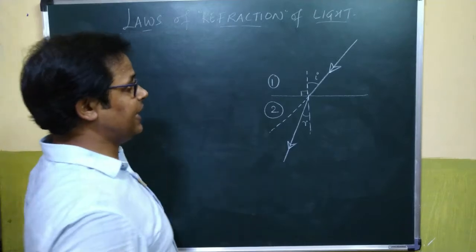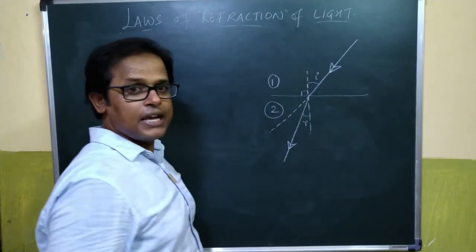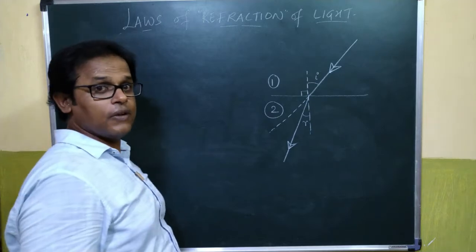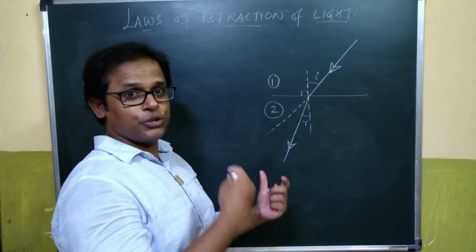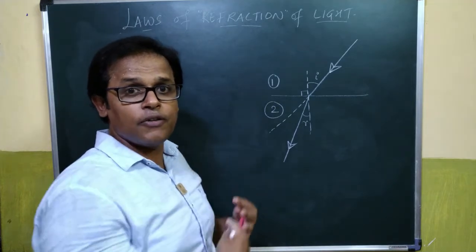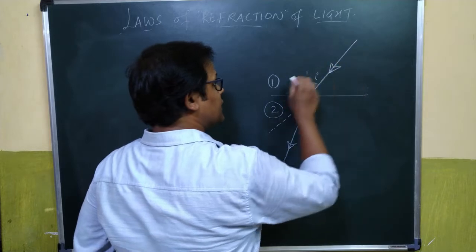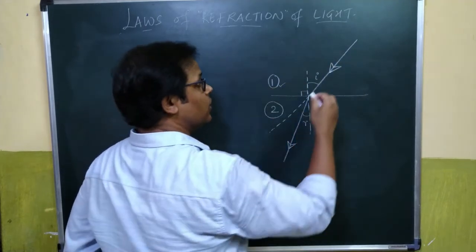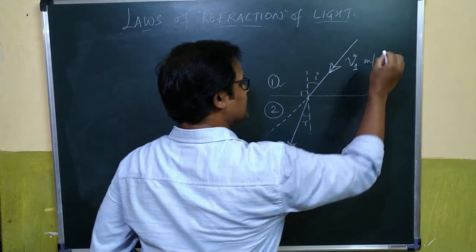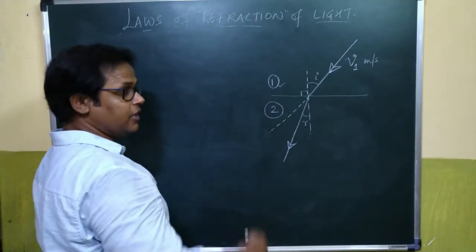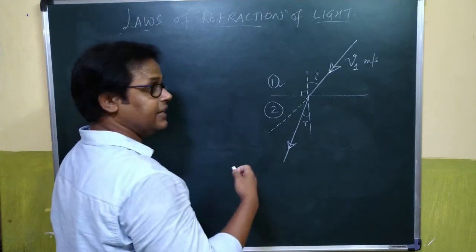Now, we could have described this entire scenario not in terms of angles but in terms of the speed of light. So refractive index can also be related to the relative speed of light in both the mediums. Suppose the speed of light in the first medium is v1 meters per second, and as soon as it enters medium 2, the speed of light decreases because it is optically denser.